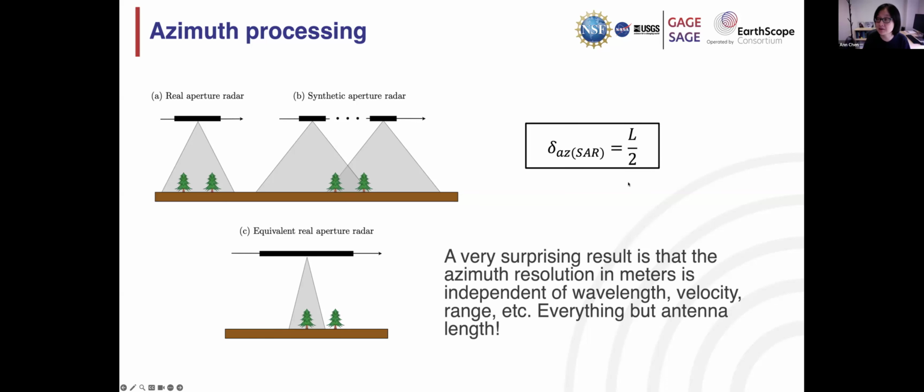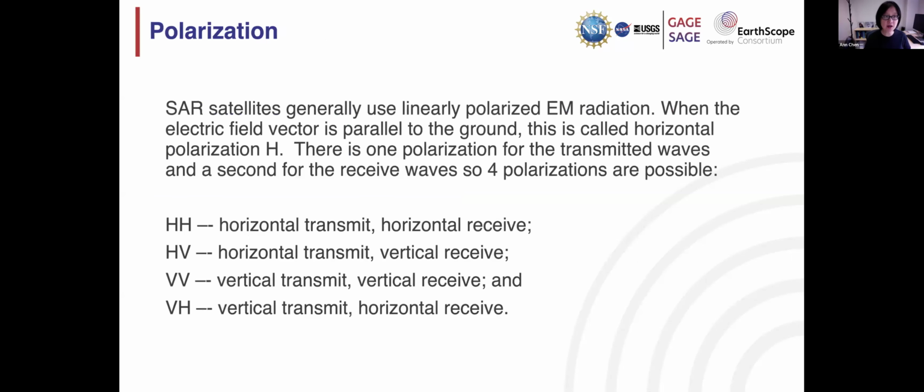This means the SAR algorithm can achieve a very high resolution even for a spaceborne satellite. If you have an antenna of length L, the resolution is L divided by 2. Of course, there are other constraints that make it impossible to make an infinitely small antenna length, but in terms of resolution, we have kind of solved this problem.